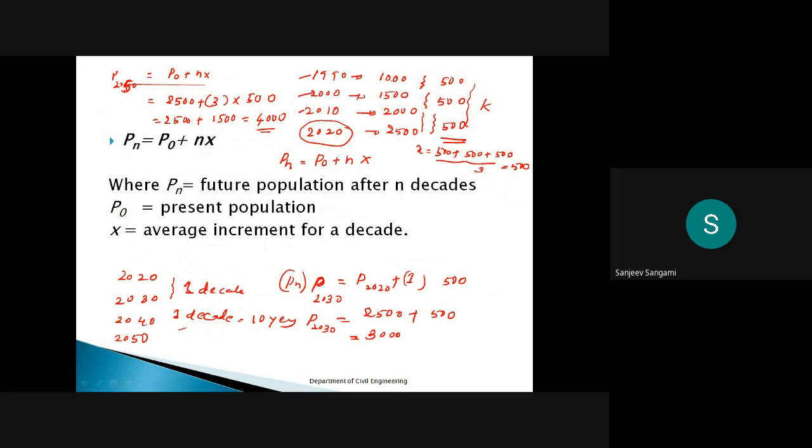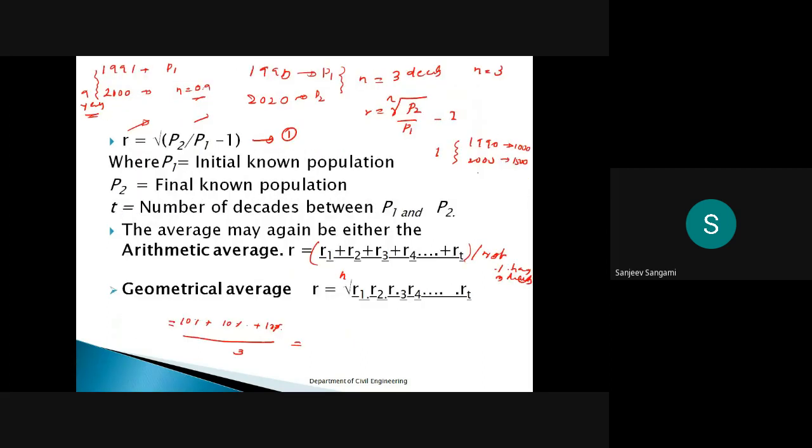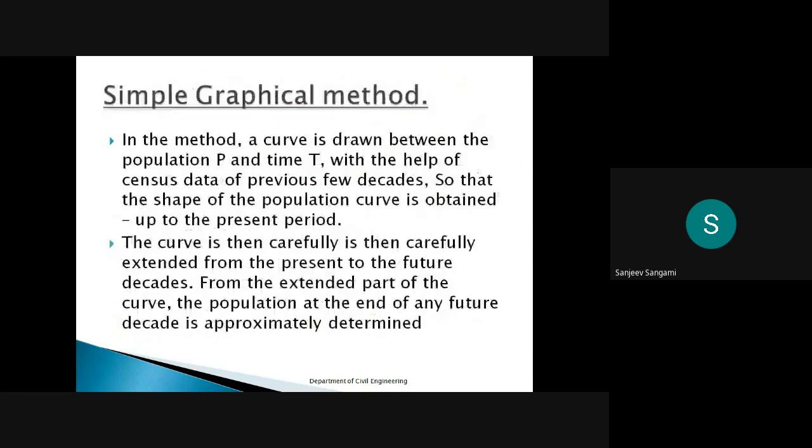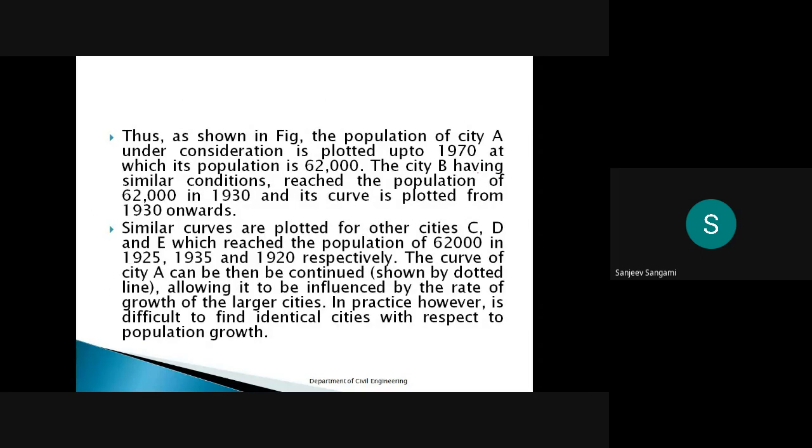The population was 1,000, 1,500, 2,000. So then it has come around 500. Then 500 plus 500 divided by 3, so that will be the average of 500. So like that, here also you have to do it.